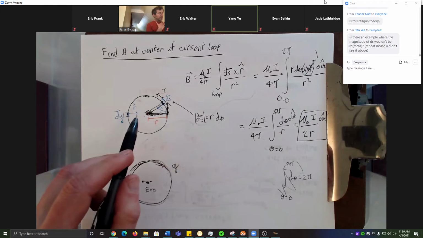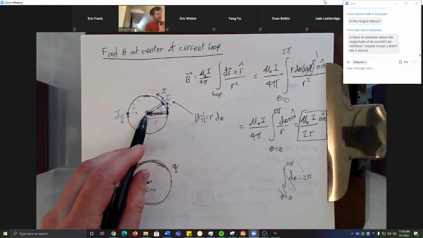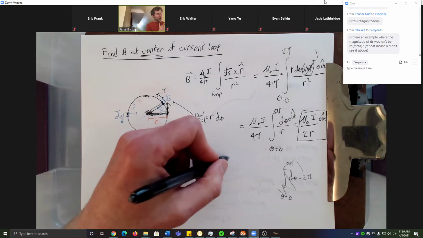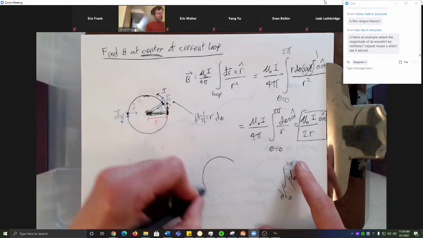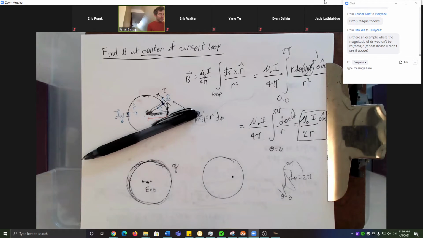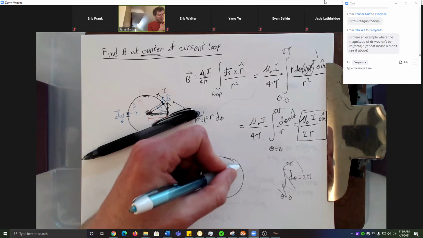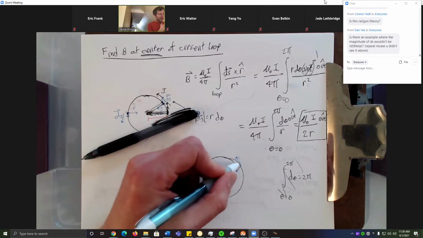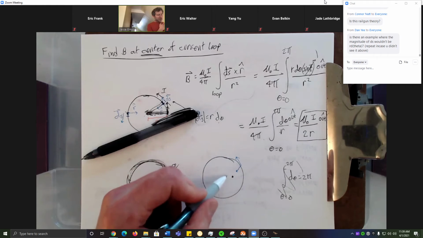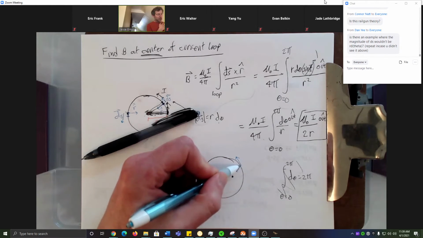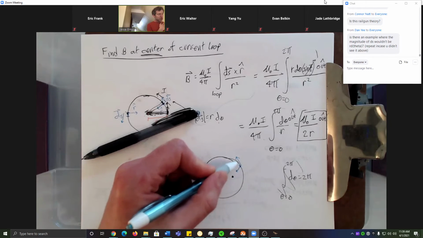Thank you, sir. So it's not a coincidence that we did this for the B field at the center of a current loop. This integral would not be so easy if you wanted the B field here, because now the ds vector points this way, r hat points that way. They're not 90 degrees. And the distance between the current elements and the field point keeps changing.